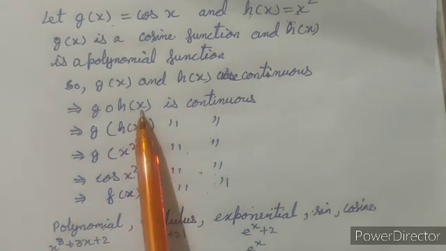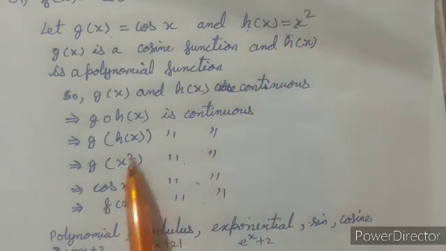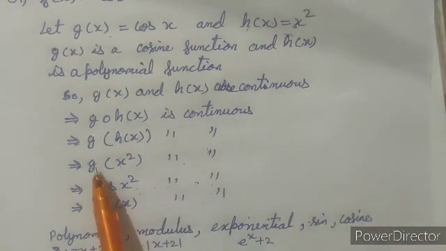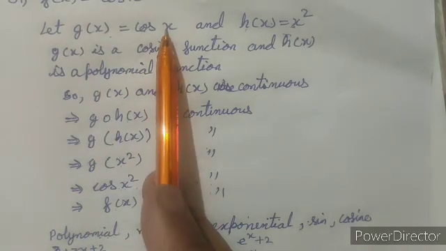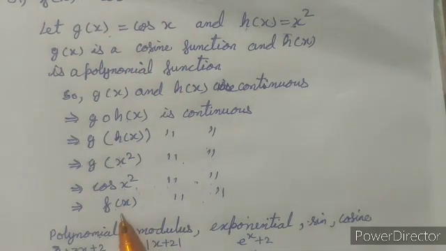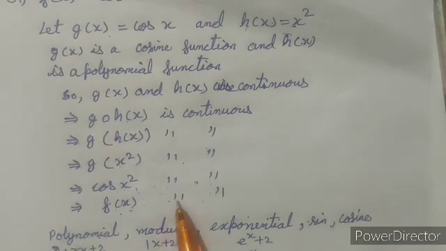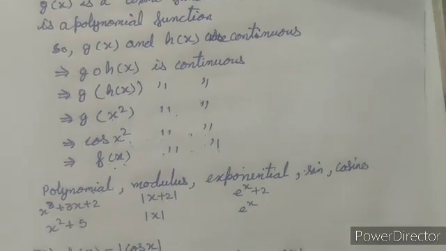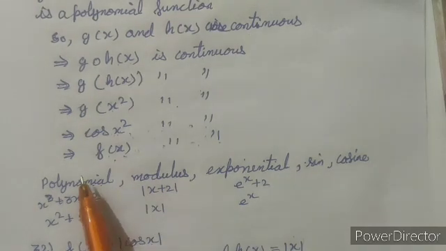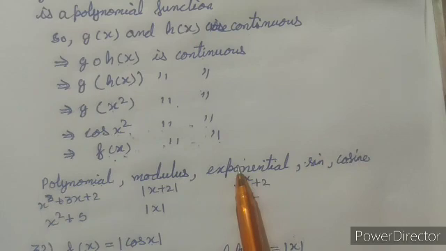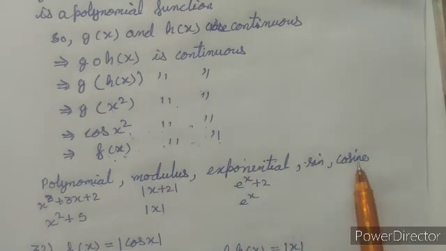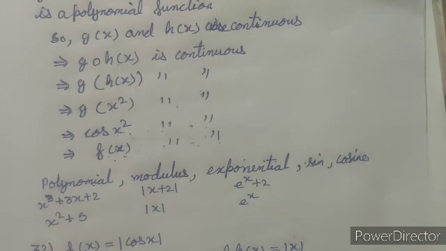Now g of h(x) will be g of x square, and that will be continuous. Now g of x square will give us cos x square, and cos x square was our function f(x). So we can say that f(x) is a continuous function. Now you should keep in mind that the polynomial functions, modulus functions, exponential functions, the sine and cosine functions are continuous at all points.